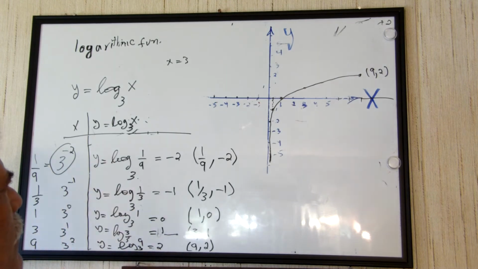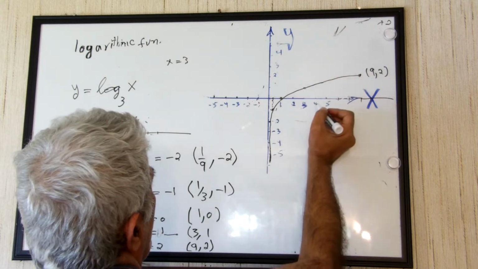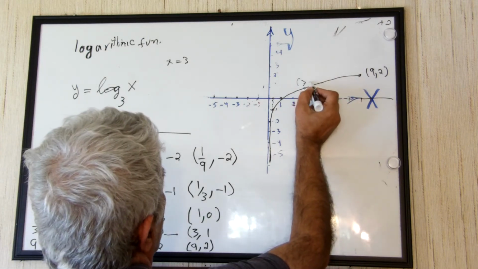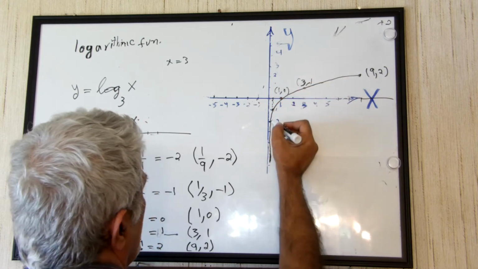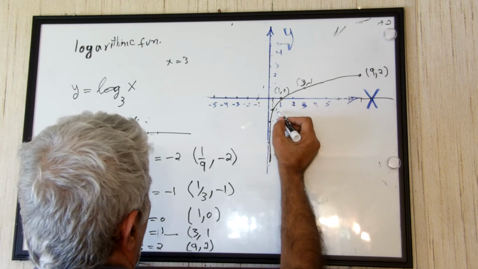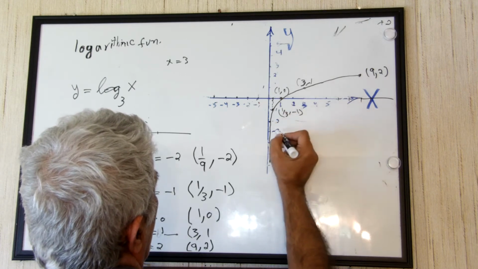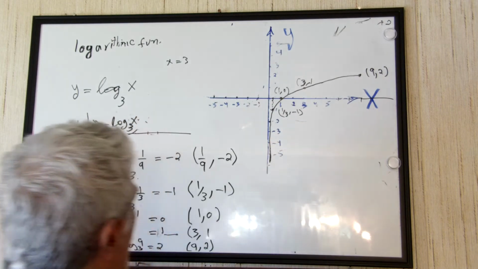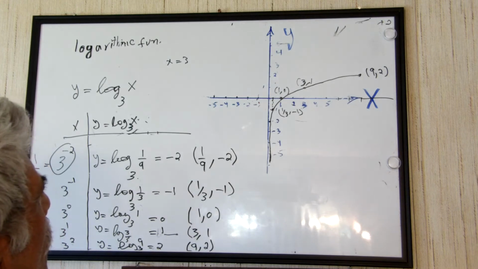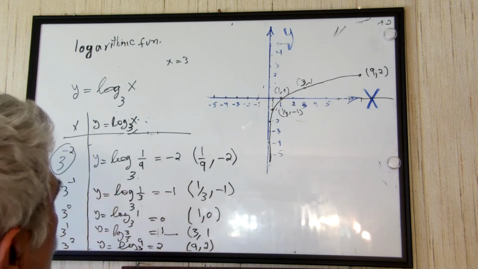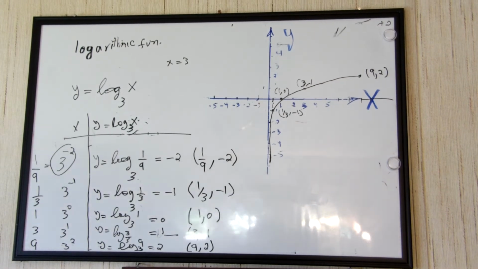So actually it's undefined. So we put all these points here, 3, 1 and 1, 0, and 1/3, minus 1, and 1/9, minus 2. So that's one way to graph this function.